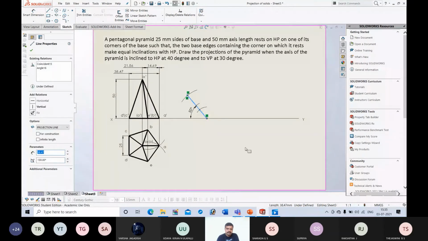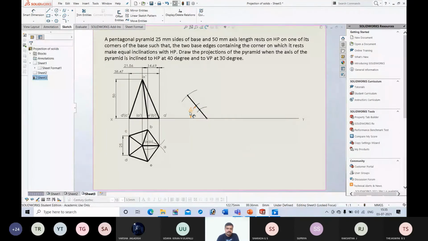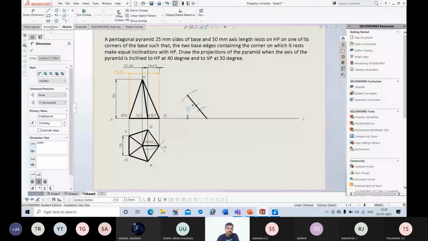Next, I will increase the thickness. Then I will name the points.